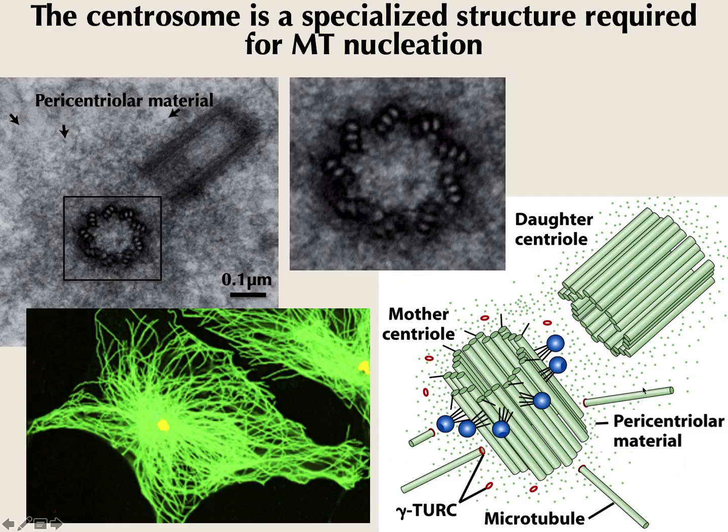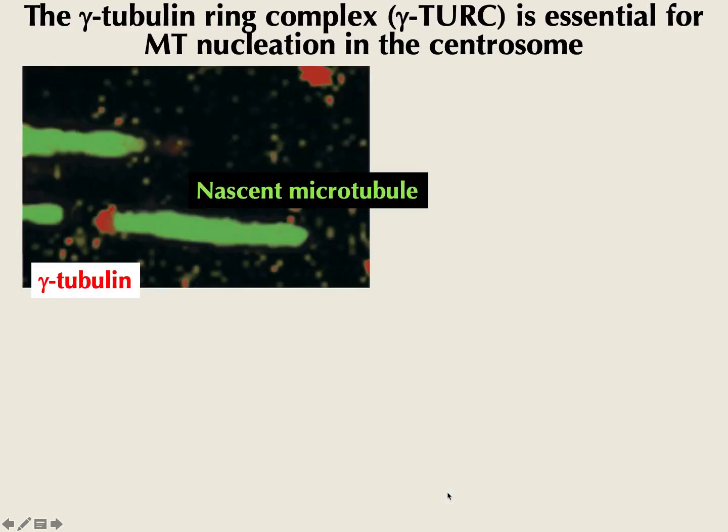So in some ways, you could see this as a membraneless special area in the cell where you have a high concentration of pericentriolar material, including this gamma TuRC. That's what I want you to pay attention to. Gamma TuRC contains gamma tubulin, and TuRC stands for gamma tubulin ring complex.